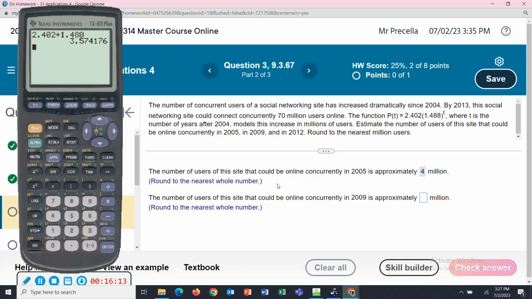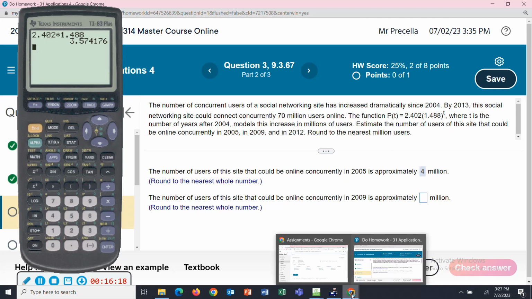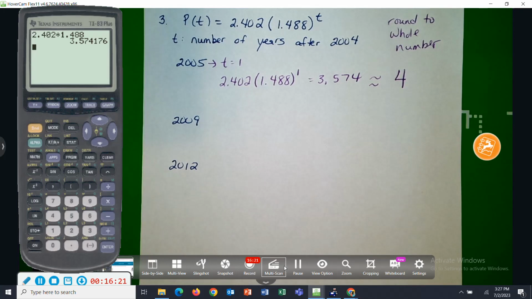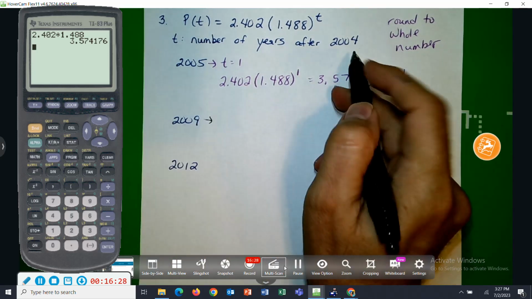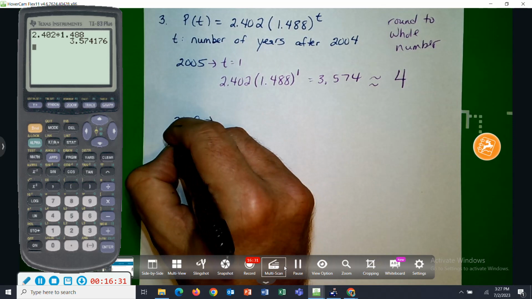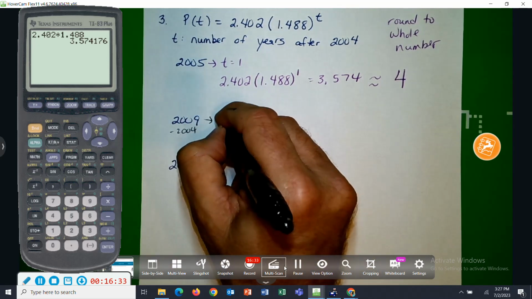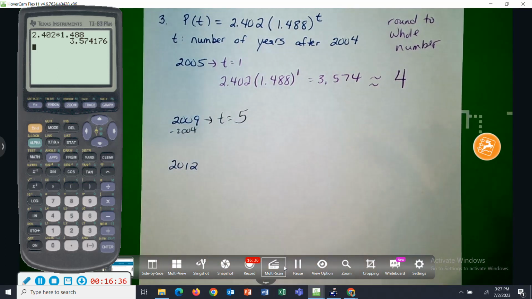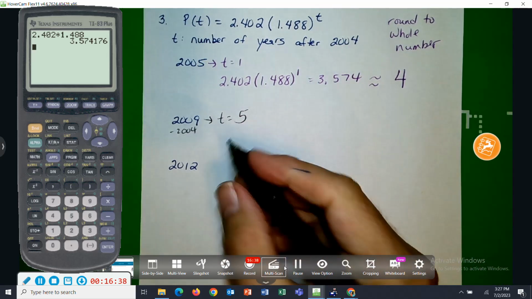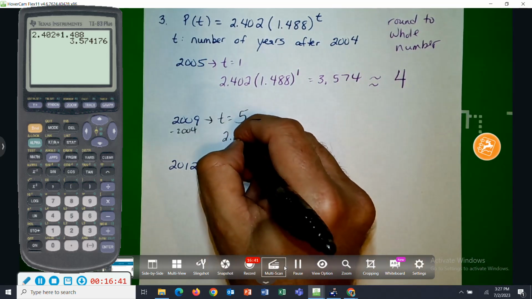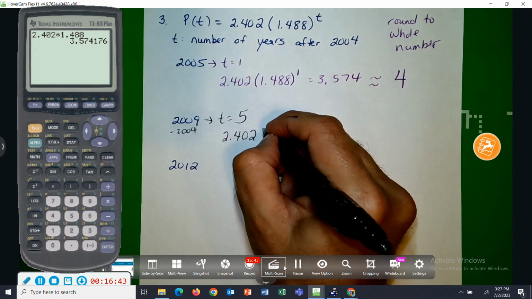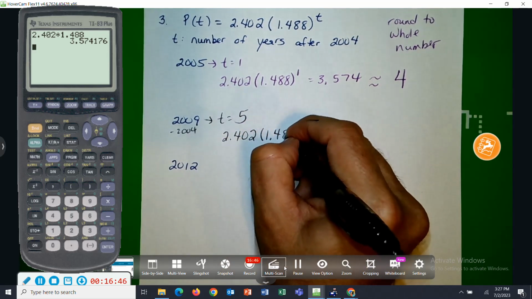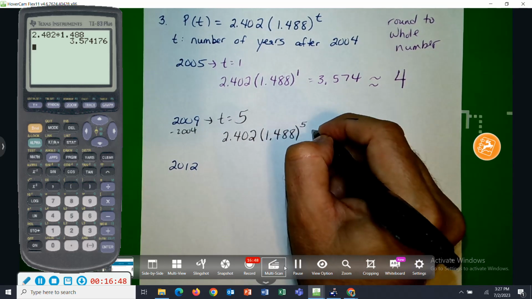Okay, now let's do 2009. Let's find our t-value. 2009. T would be what? Since 2004, would I just subtract 2004? So T is 5. So it's 5 years after 2004. And we're going to punch in 2.402 times 1.488 to the 5th power.